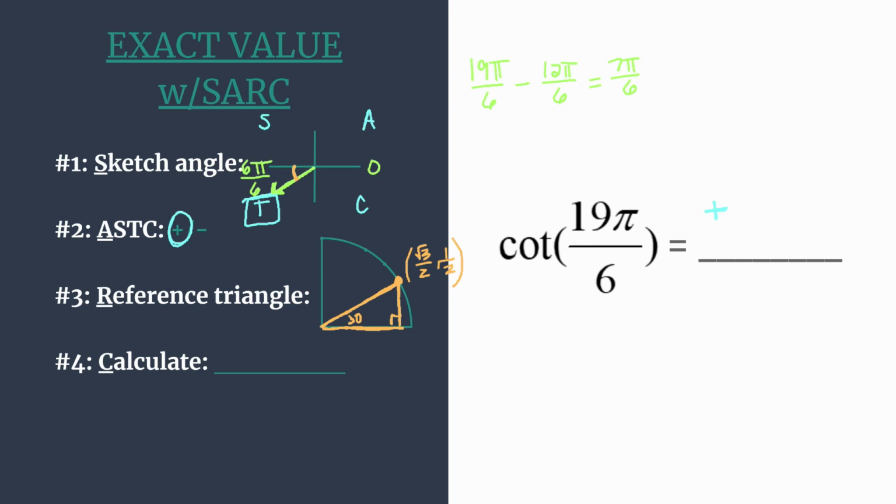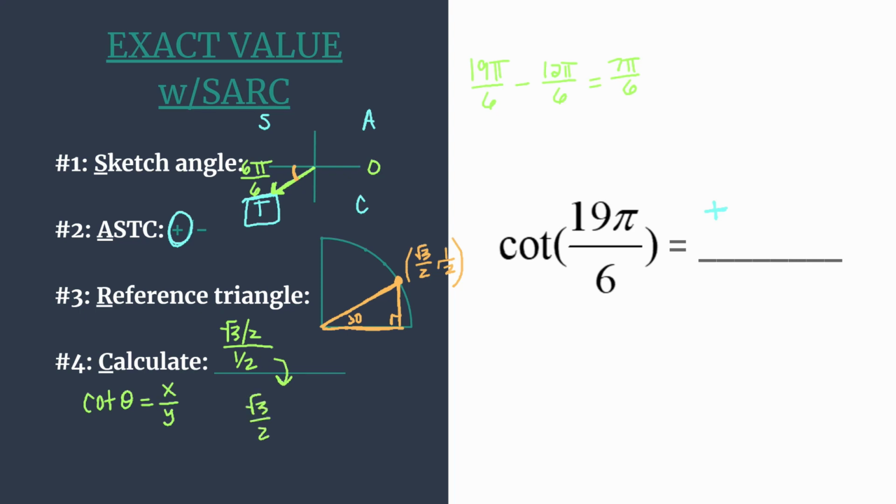And now we're ready to calculate. To find the cotangent of an angle on the unit circle, we divide x by y. We have our x and y coordinate from the previous step, so we're saying the square root of 3 over 2 divided by 1/2. When we divide fractions, let's do a little scratch work down here. We have square root of 3 over 2.